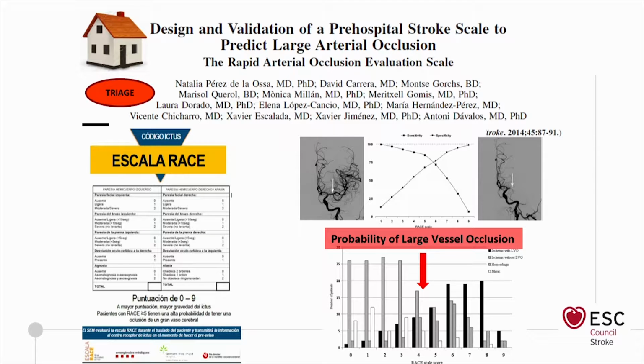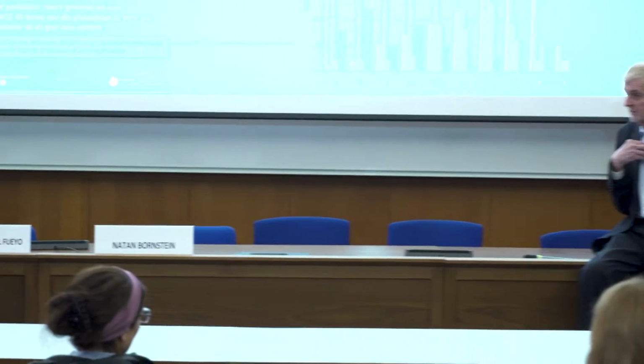Even if you use another pre-hospital scale in your practice with the EMS, in our country, in Israel, we use the FAST plus. Everybody knows FAST, right? Face, arm, speech, and time. Go to the hospital as soon as possible with the ambulance.